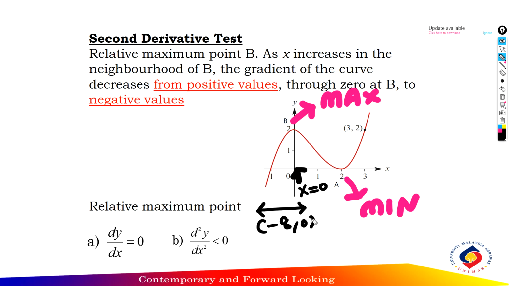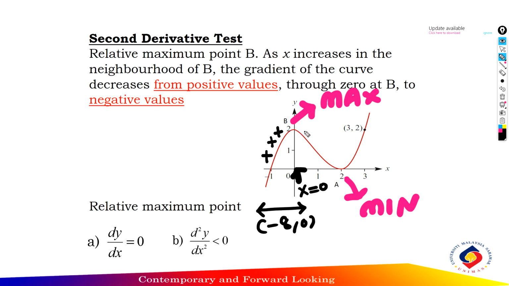Between negative infinity and x equal to 0, the gradient of the tangent increases, so you put the positive sign. So the first derivative here is greater than 0, positive.